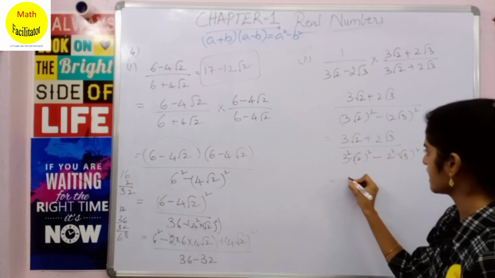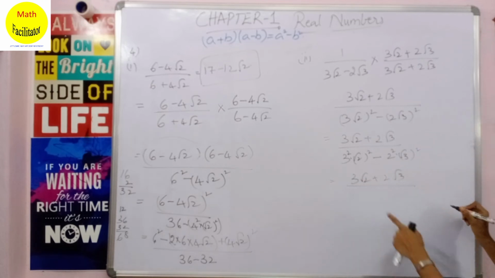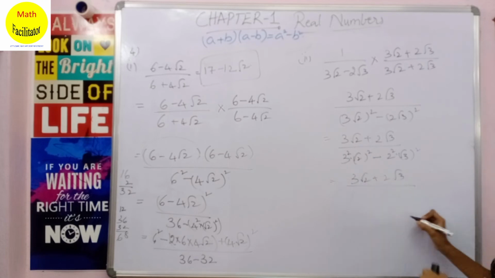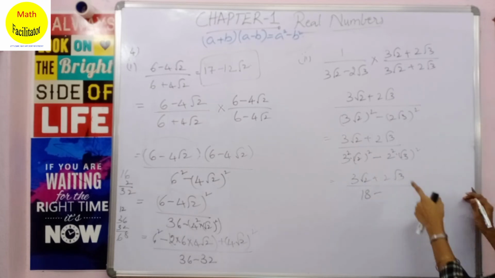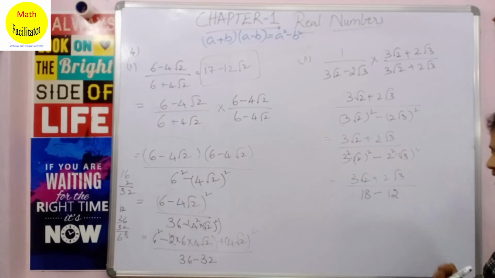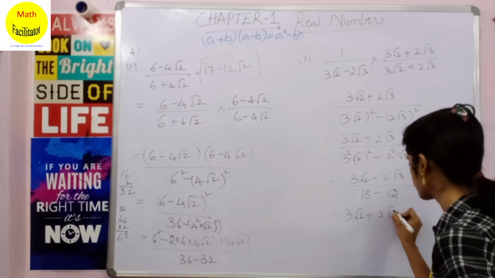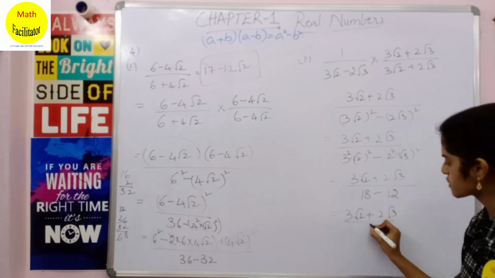So this is 9 into 2, 9 2s are 18, minus 2 square is 4 into 3, 4 3s are 12. So this is 3 root 2 plus 2 root 3 by 18 minus 12 is 6.